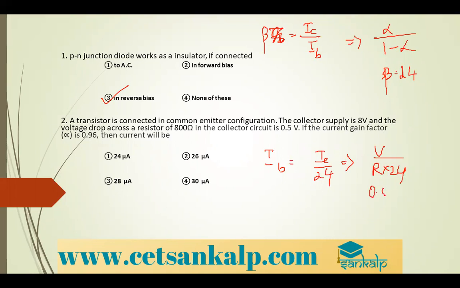V is 0.5 divided by R is 800 into 24. So when we solve this, we'll get it as 26 microampere. I hope you are clear with that.